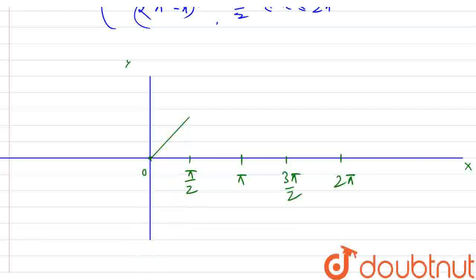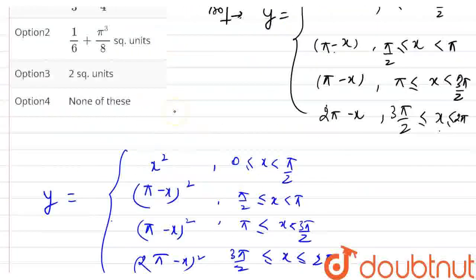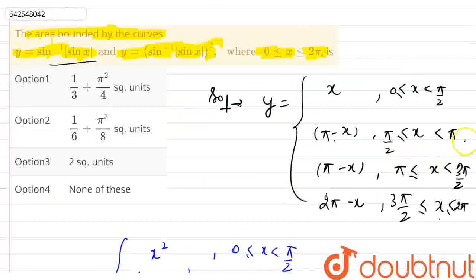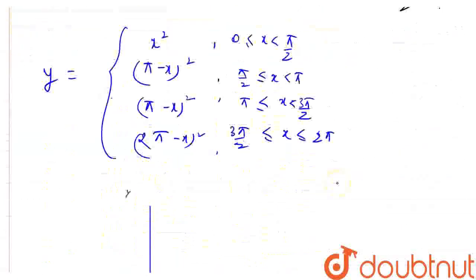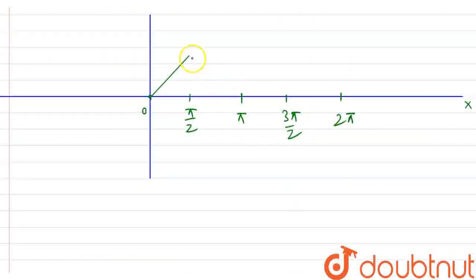From pi by 2 to pi, at pi by 2 the value is pi by 2, and on pi it will be 0 again. So I'm matching these points, and basically it will look something like this. Now let me draw the complete graph in the same manner.